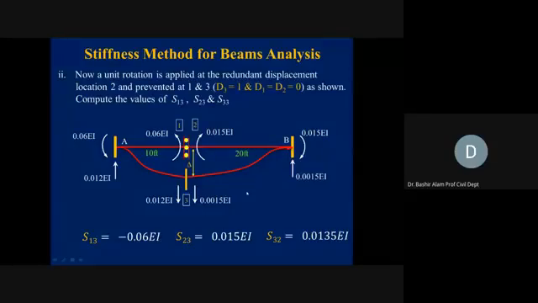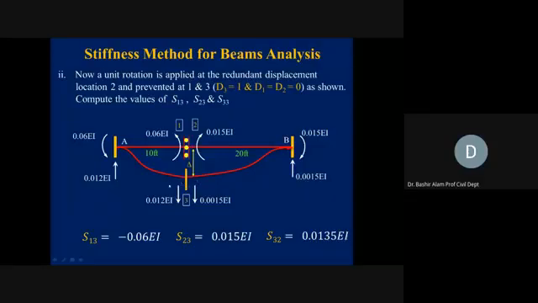Look for the corresponding values now, corresponding to our D's. Corresponding to D1, we have minus 0.06, and here it is written, and it is our S13 now. S at 1 due to 3. In 3 direction we are applying this unit displacement. S23 will be 0.015 positive because it is in the clockwise direction, same as that of D2.